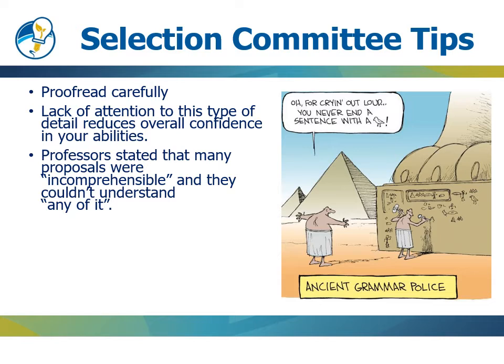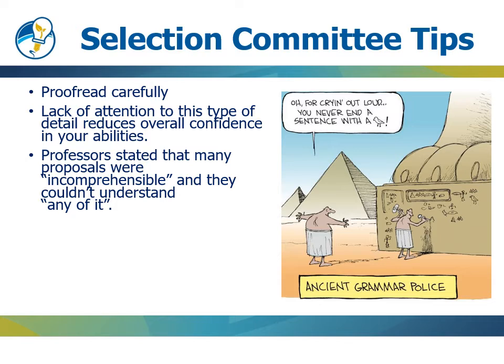We've gotten feedback from professors stating that many proposals were incomprehensible and they couldn't understand any of it. And so again, that's where going back and reviewing the research proposal slide and thinking about the questions being asked. It can be difficult because you know your research, but you're trying to communicate it.